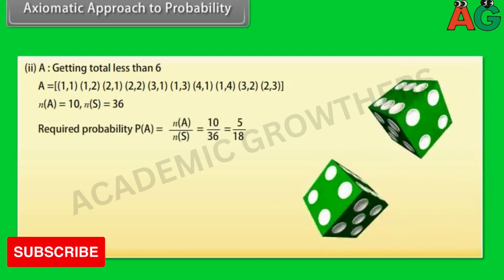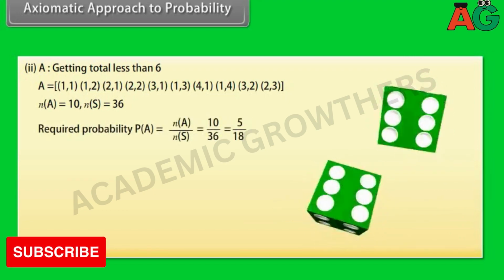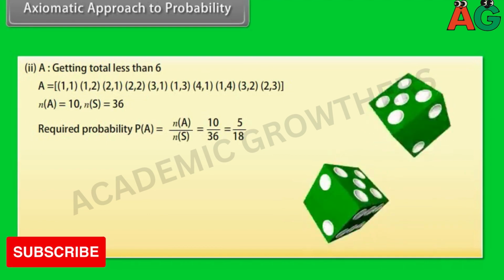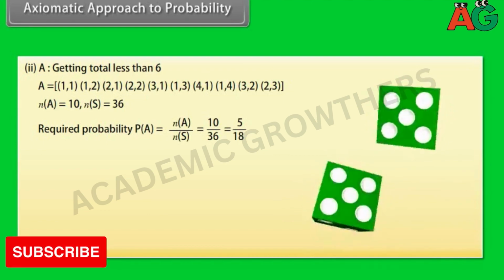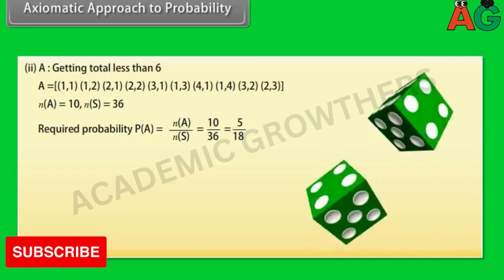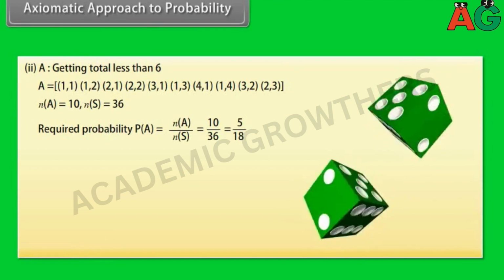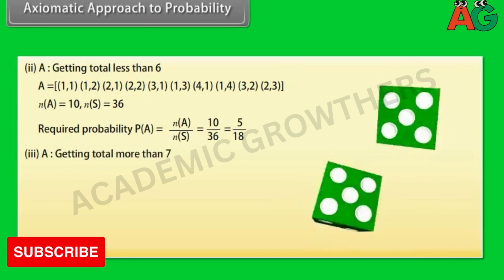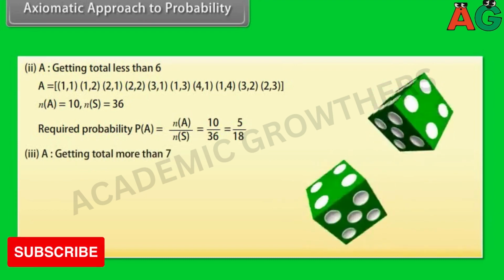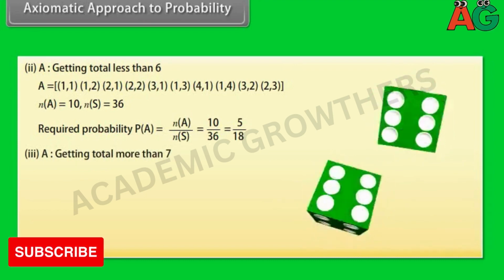Required probability P(A) is equal to n(A) by n(S) is equal to 10 by 36 is equal to 5 by 18.